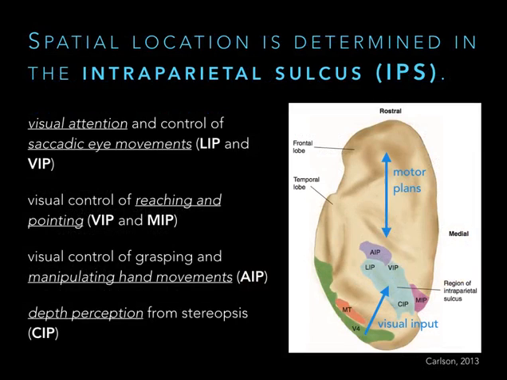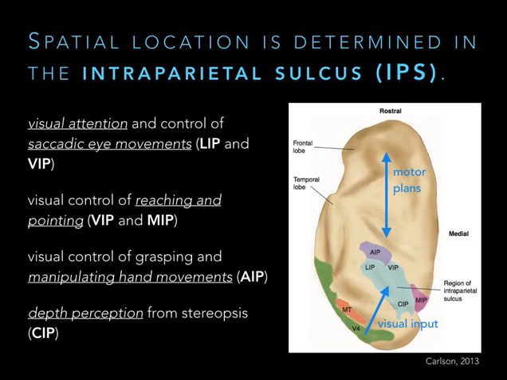If we want to determine where something is, that's going to be determined in the intraparietal sulcus, the IPS, and there are many different regions in the intraparietal sulcus. The lateral and ventral portions are going to be involved in controlling the saccadic eye movements and maintaining visual attention. So they'll receive input there, you can see from V4.